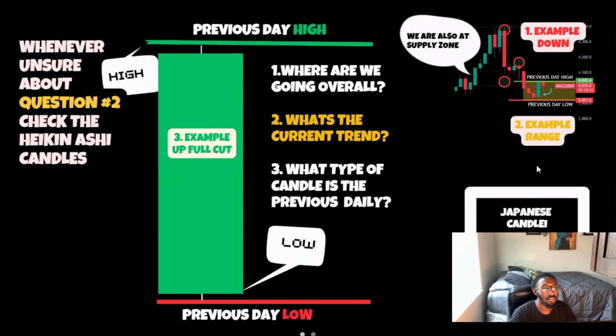Key levels. So, previous day high. Whenever you're unsure about question number 2, check the Heikin-Ashi candles. Number 1, previous day high, previous day low.